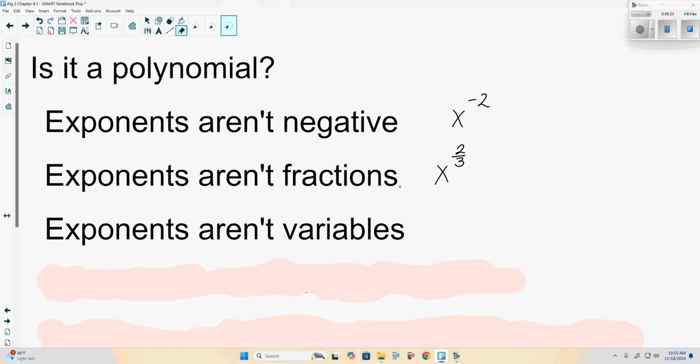Now, this could be attached to a variable. We can't have x to the a. We also can't have 2 to the x. We cannot have a variable in an exponent. And part of the reason for that is, well, these are considered exponentials, not polynomials.